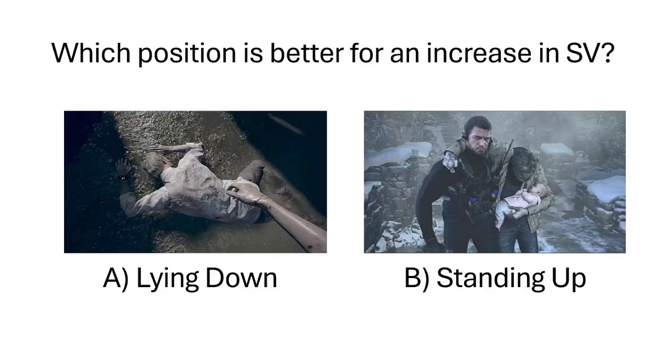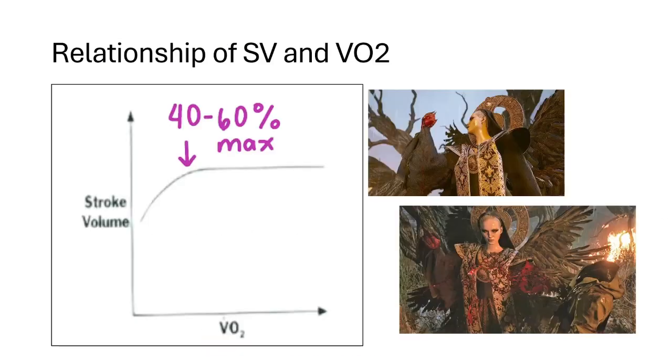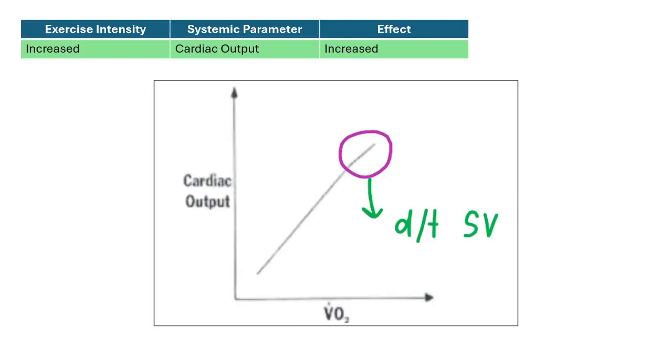The graph I showed you earlier, where was it? This little guy here, right? Because of the chamber size of your heart, the stroke volume can only increase like that. So that affects cardiac output. Why? Because cardiac output is the product of heart rate and stroke volume.